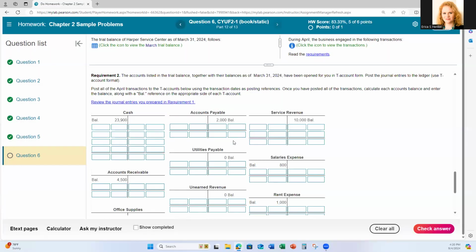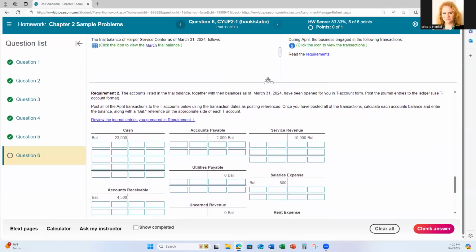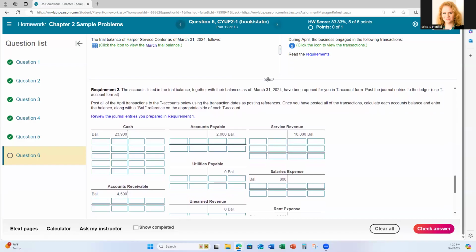All right, so we have done all of these journal entries, and now they want us to put all of these into our T accounts. So unfortunately, this is going to require some scrolling back and forth because we're going to want to check out the dates and amounts that were for each of these transactions.